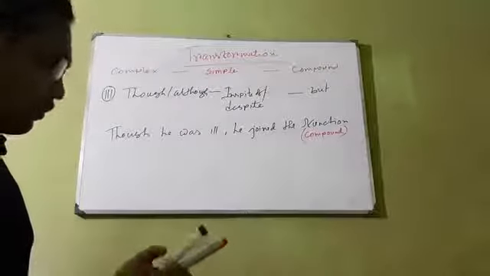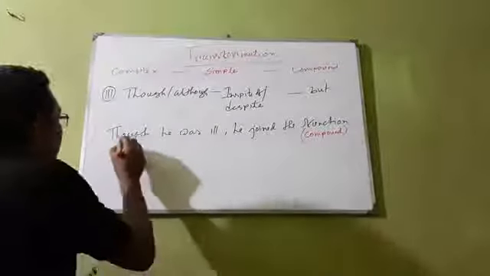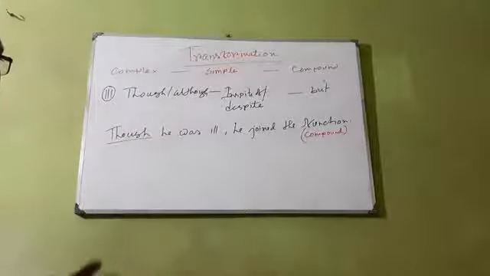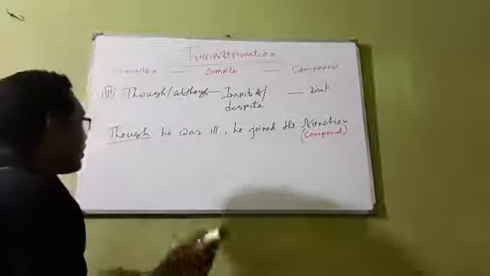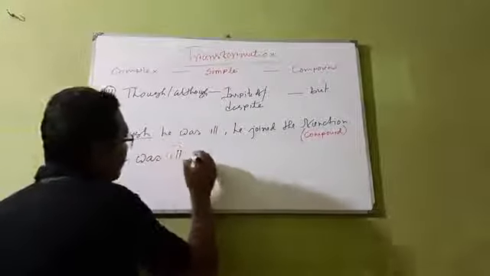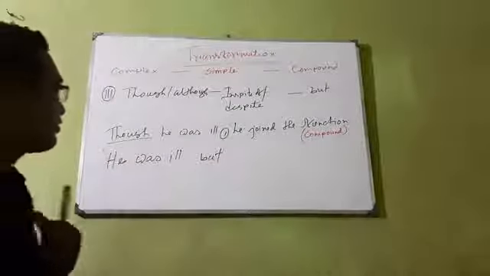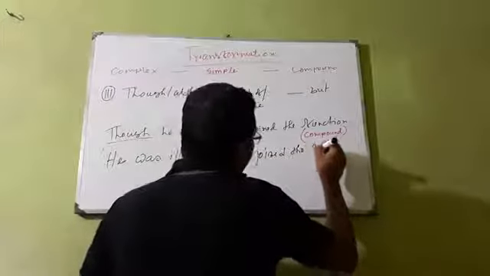Now at the first step, we have to discharge, we have to omit this word if we want to make the sentence into compound. Then we have to write down both the clauses. He was ill, but we have to use but in place of the comma, joined the function.